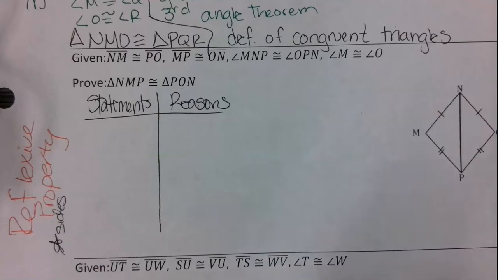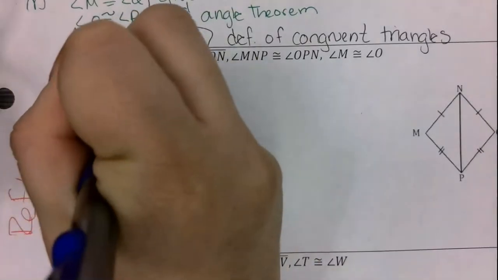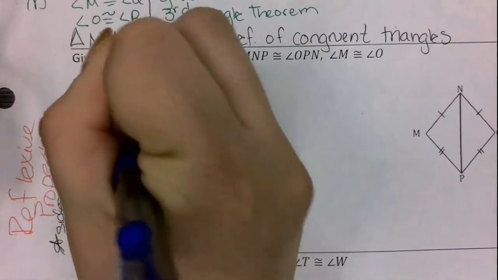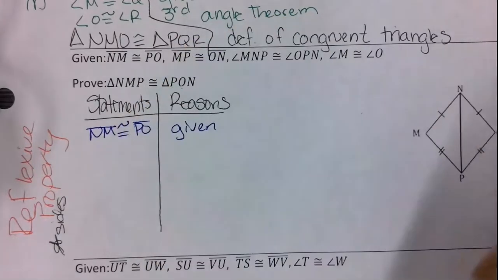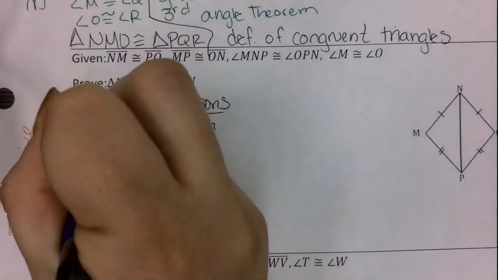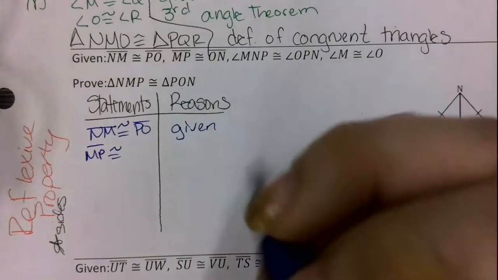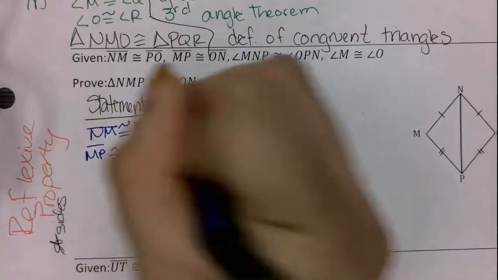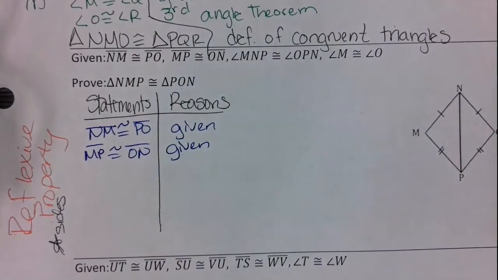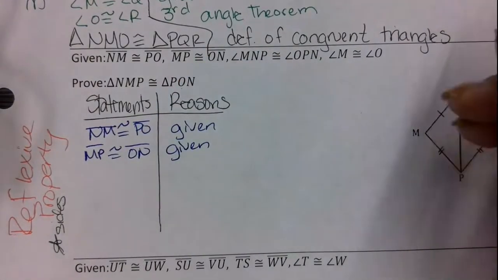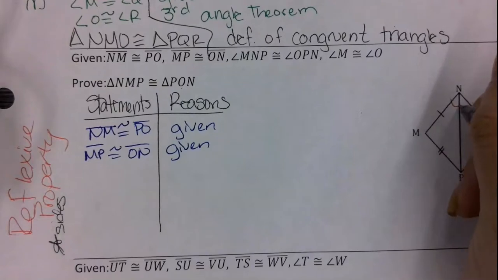So I'm going to start off by writing my givens. I have NM is congruent to PO. That was given. I have MP is congruent to ON. That was given. Then I have angle MNP is congruent to angle OPN.